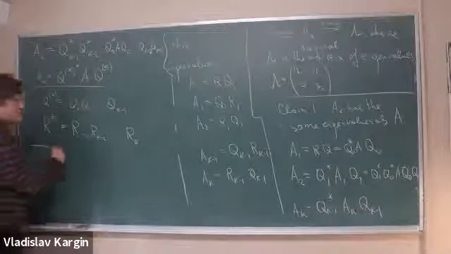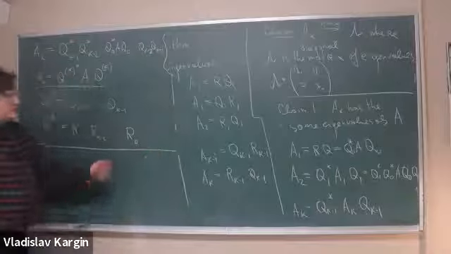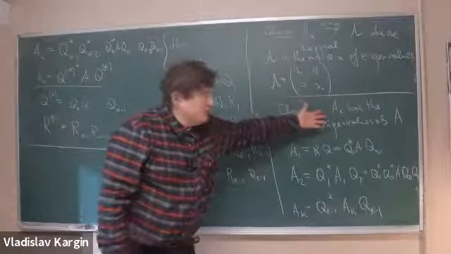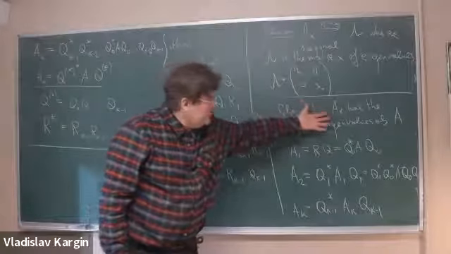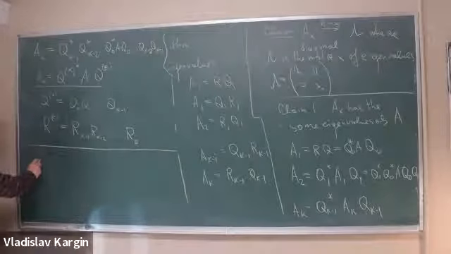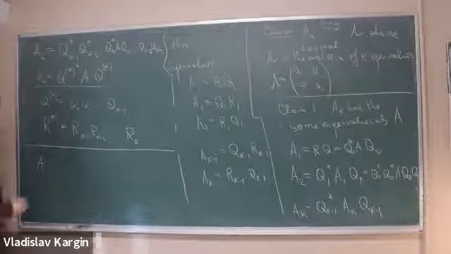So here is claim number 2. Claim number 1 explains that as we go along the algorithm, the eigenvalues are always the same. Claim number 2 is interesting because it's relevant to why it converges.